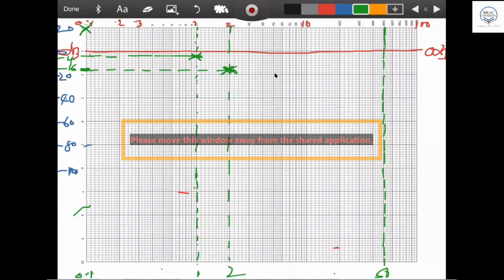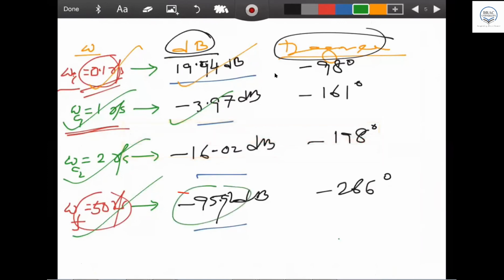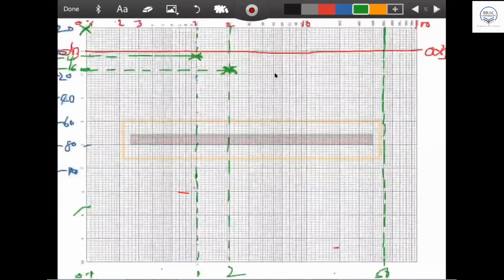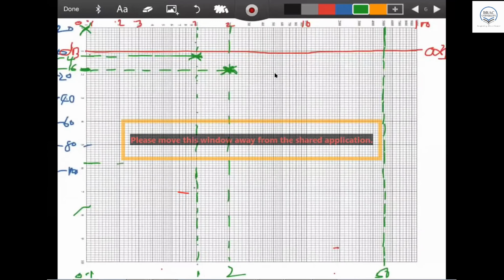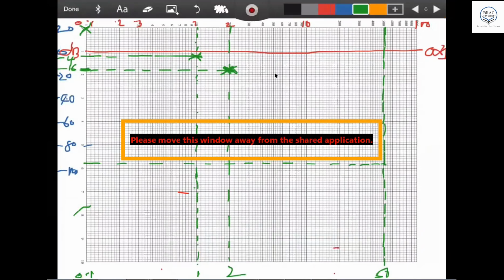Then 95.9 is 95, 96, which is somewhere here. It is the point of intersection between these two. So you got it. Now these are the 4 points we have approximately.